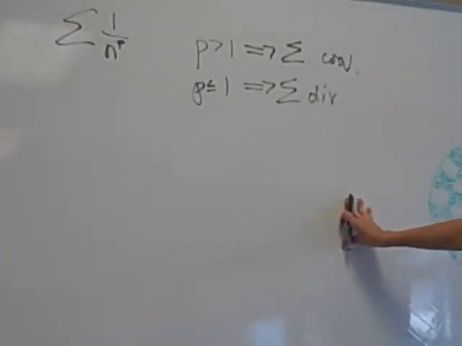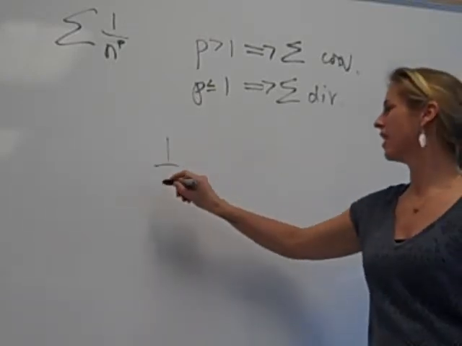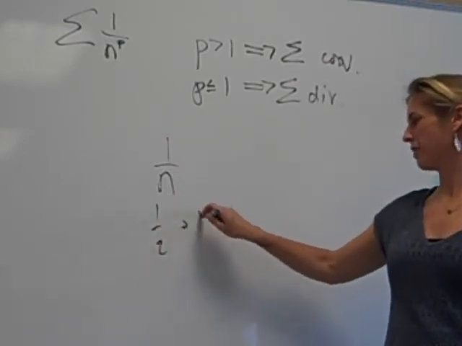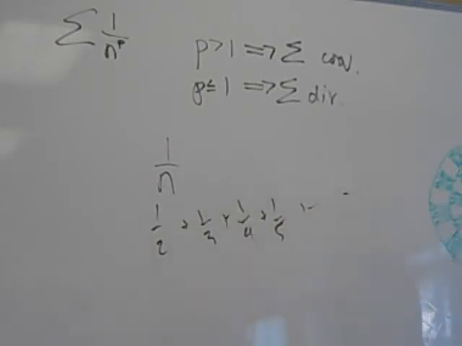And then we talked about the harmonic series, and this was the fun fact. If you just have 1 over n, it's called the harmonic series. And it goes 1/2, 1/3, 1/4, 1/5, 1/6, and so on. And this is the smallest divergent series that I think there is.